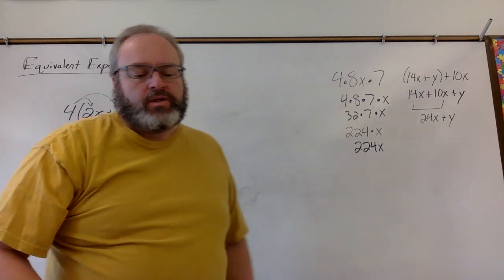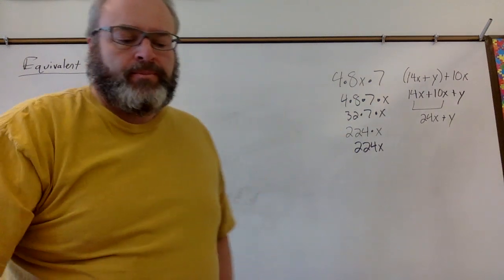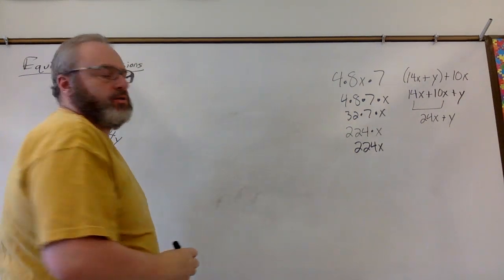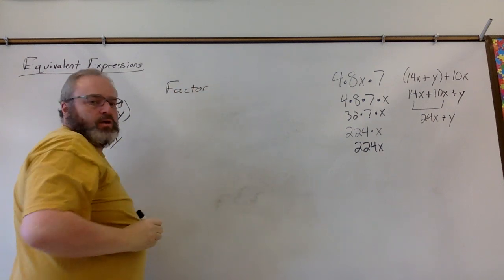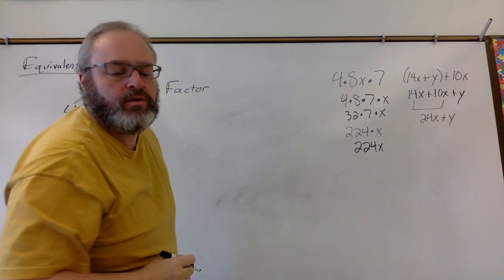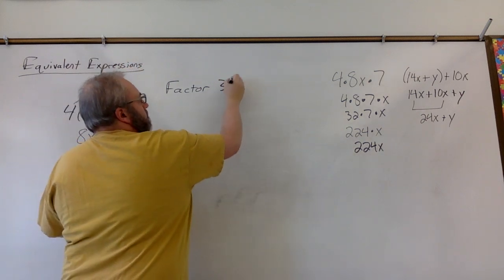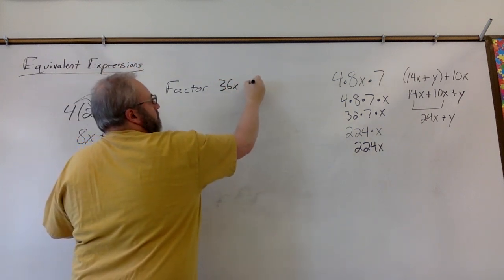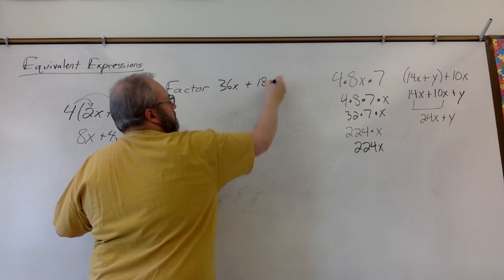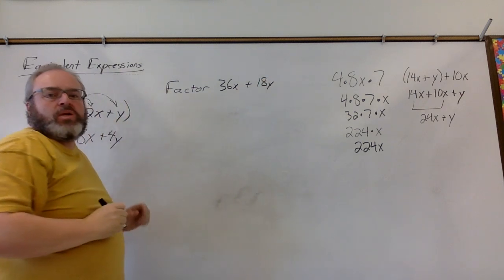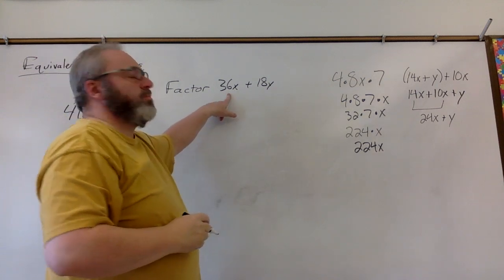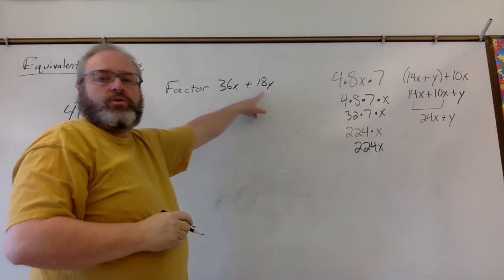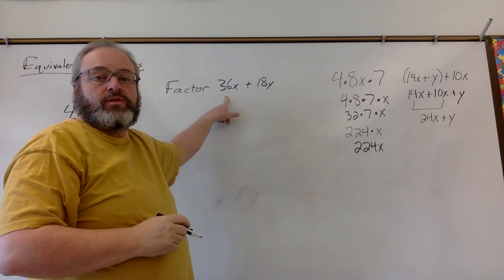Okay, one last thing. This one's a little trickier. We're going to do what's called factoring. And we're going to factor 36x plus 18y. To factor, we're looking at numbers that will multiply into both of these, or will divide evenly into both of these.